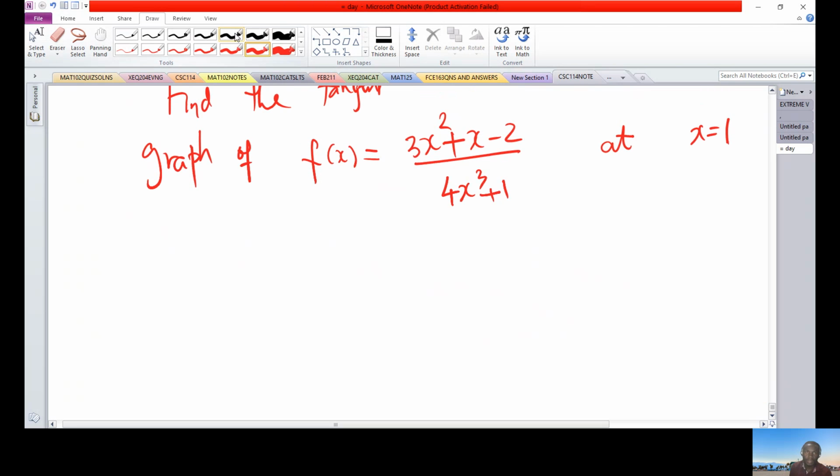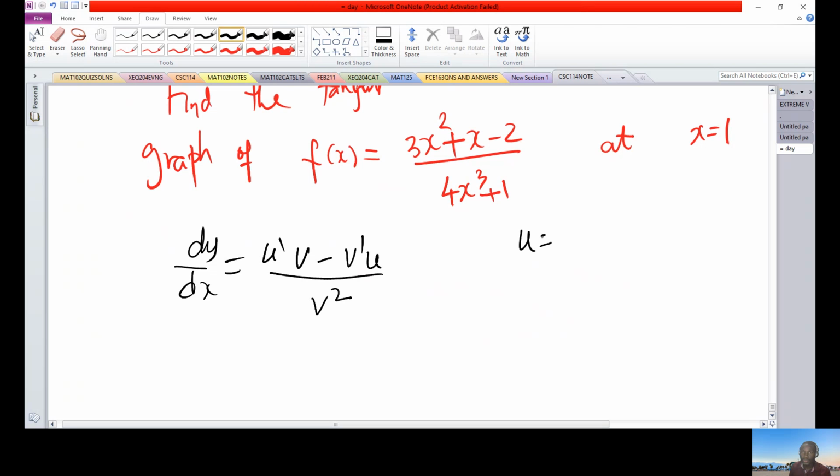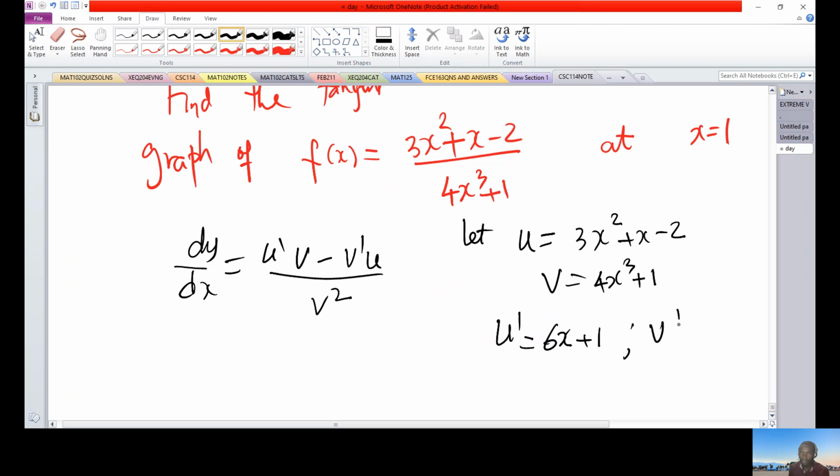So the first thing is to find dy/dx. So dy/dx will be (u'v - v'u) over v squared. So here we let u be 3x squared + x - 2 and v be 4x cubed + 1. So u' will be 6x + 1, while v' will be 12x squared.